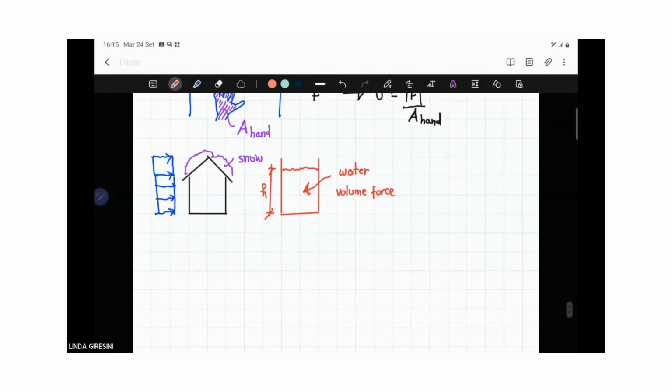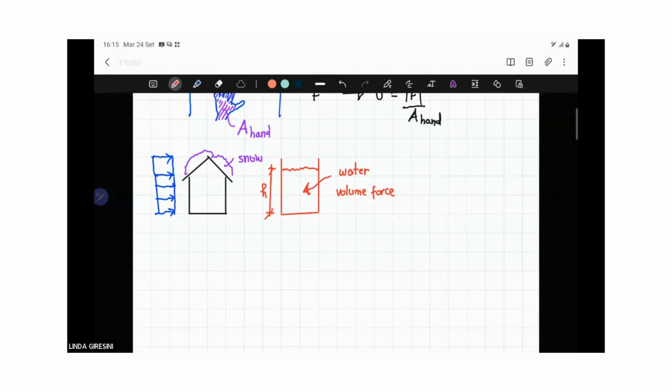Yeah, please. What about... sorry. Yes, also from the other side, if the wind goes from right to left, it is still an action that you have to consider. Yes, it's also a surface load. Did I reply to your question?